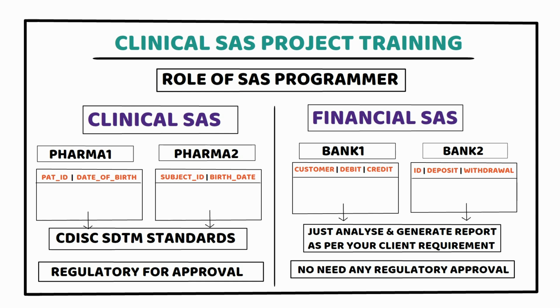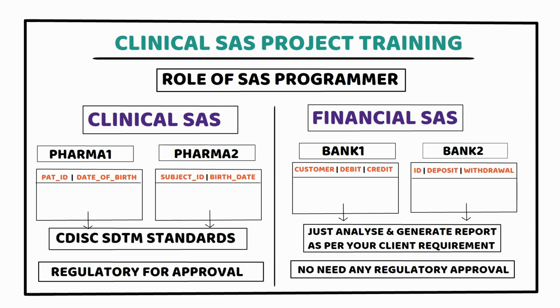Now, as per the CDISC standard, suppose this patient ID and date of birth data by pharma company 1 should be submitted to the regulatory, and the same subject and date of birth data by pharma company 2 also should be submitted to the regulatory, right?